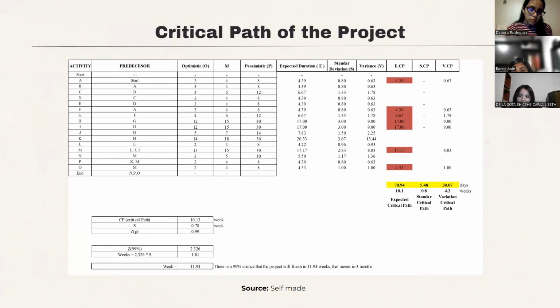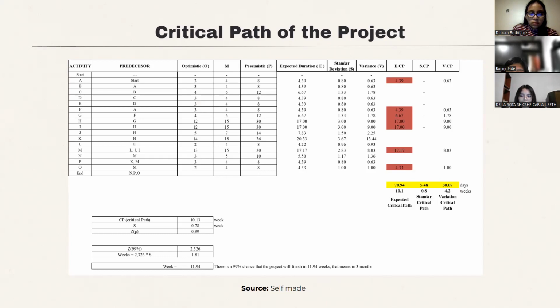We have the optimistic duration and the pessimistic duration. We made the calculation with the formulas, and we have an expected critical path, the standard critical path, and the variation critical path. We changed it from days to weeks to make it easier to see in months.